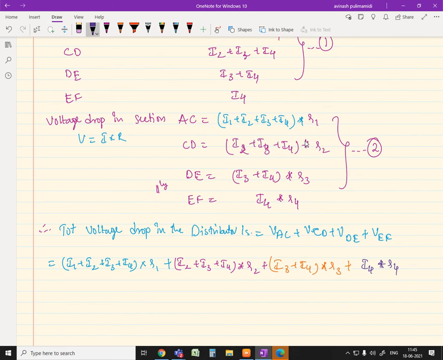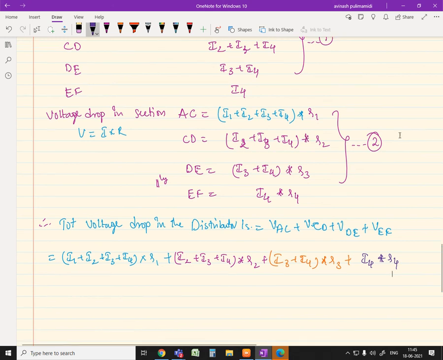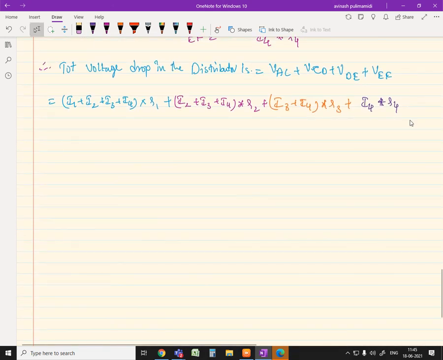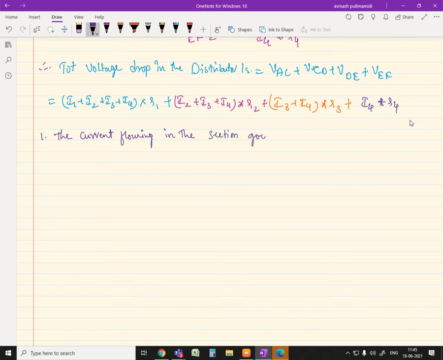Next, we have three points to be remembered here. The first point is that the current flowing in the section goes on decreasing from the feeding point.